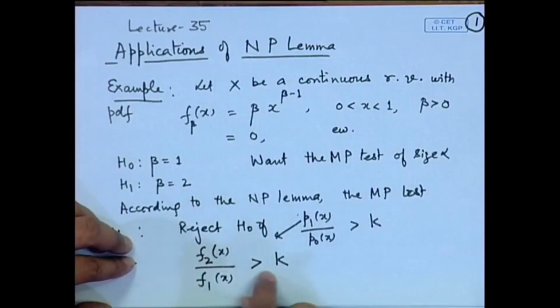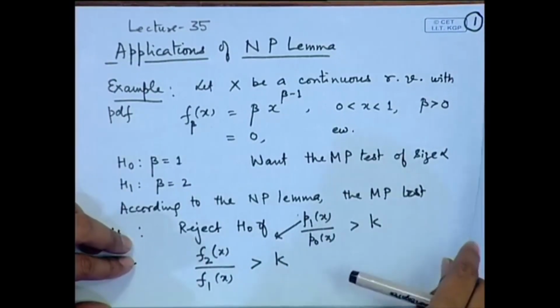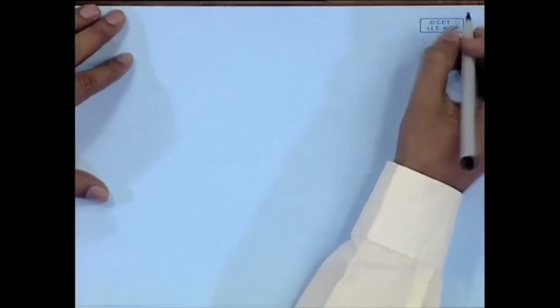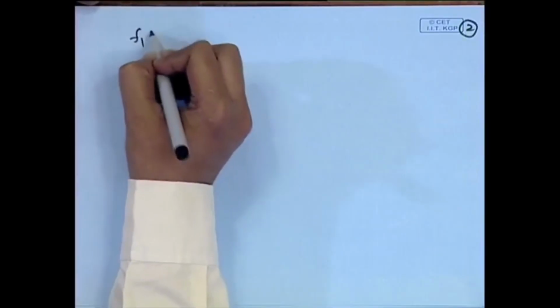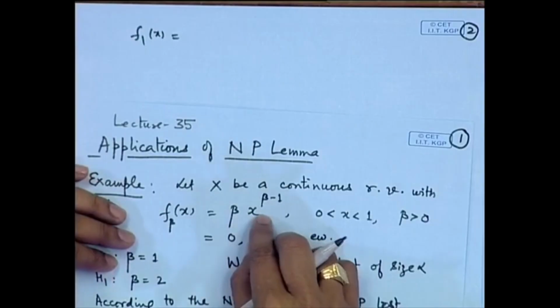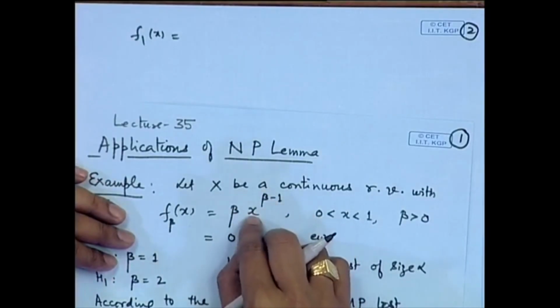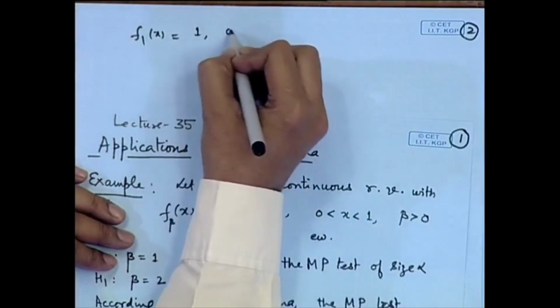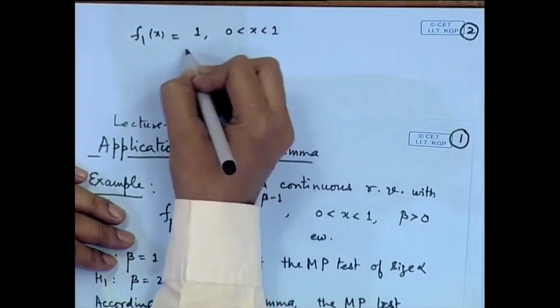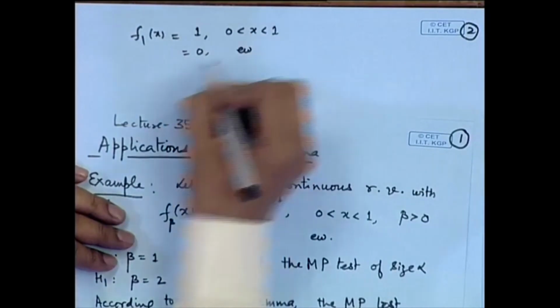Now, first of all let us look at when we are actually going to reject. So, this statement is equivalent to considering the values here. What is f 1 of x? f 1 of x will be obtained by substituting beta is equal to 1, which gives us simply 1, that means the uniform distribution on the interval 0 to 1.